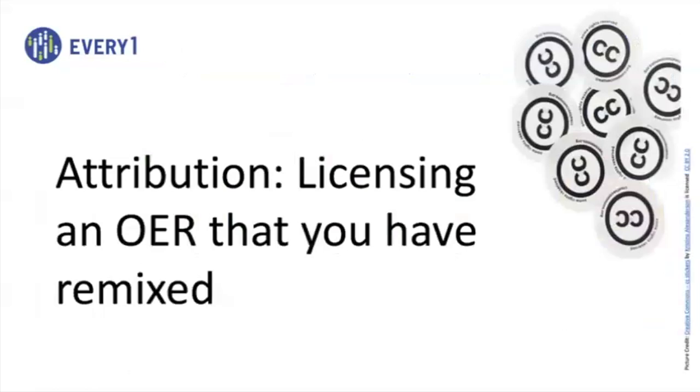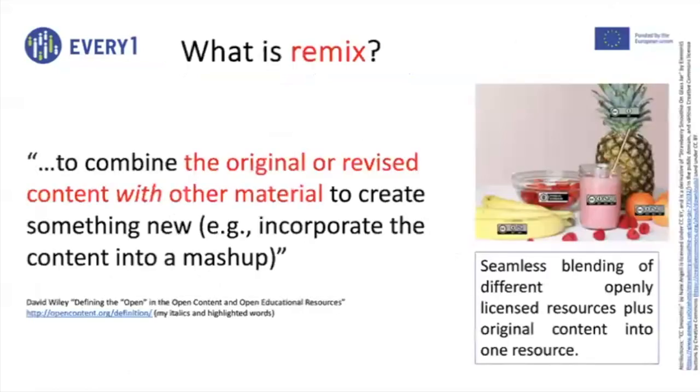Okay, so moving on, let's think about attribution and licensing an OER that you've remixed. As we saw earlier, when we think about remix, we're talking about combining original or revised content with other material to create something new.